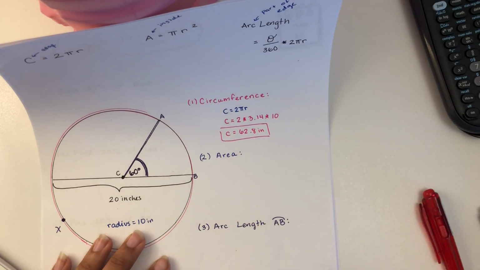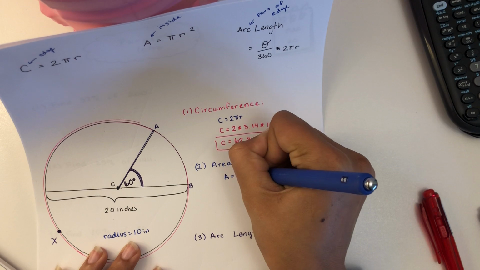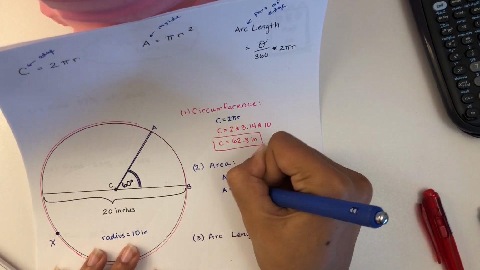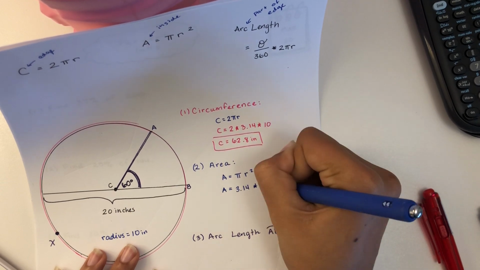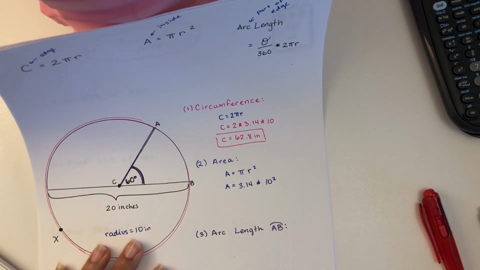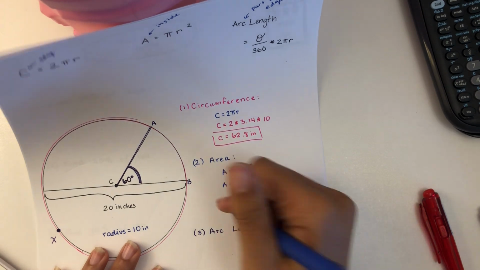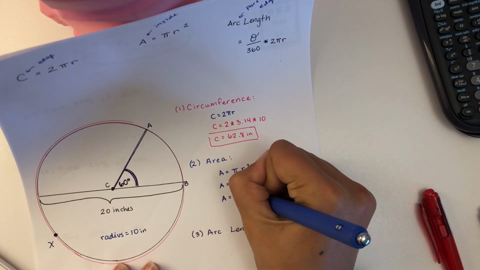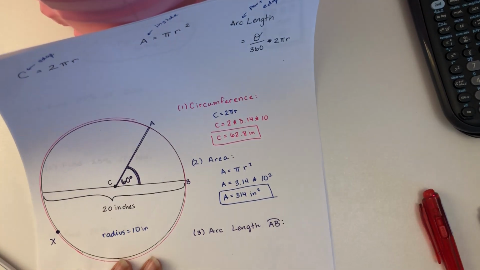All right, now area. Area is pi r squared. So now you're going to write A is 3.14 times 10 squared. So you should get the area of this circle is 314 inches squared.